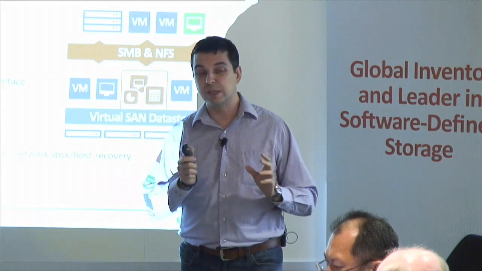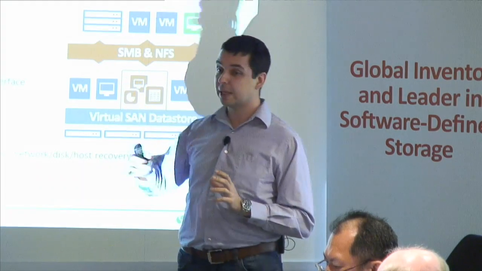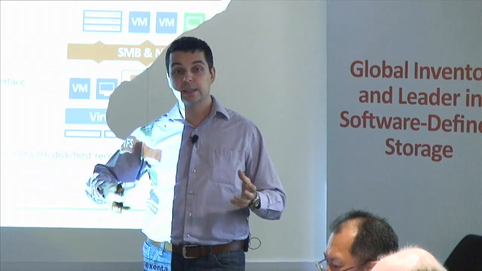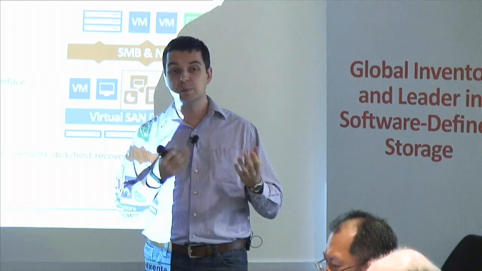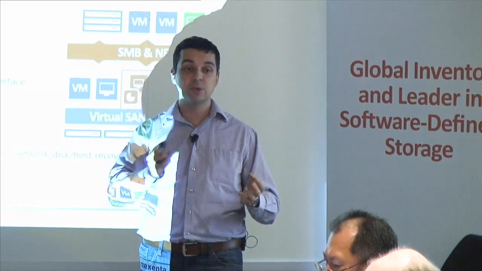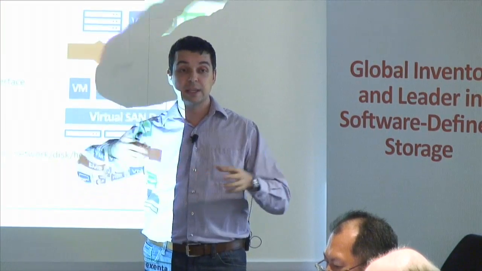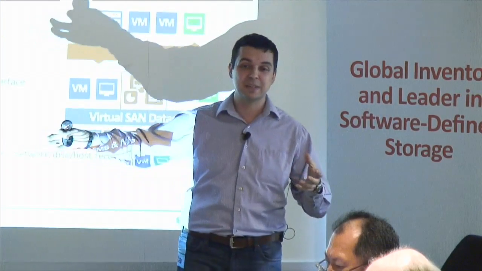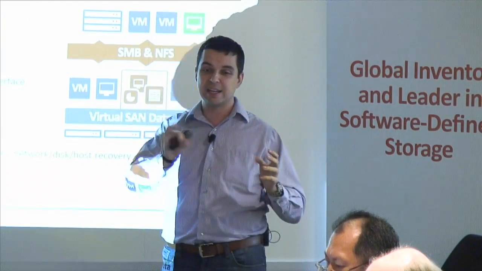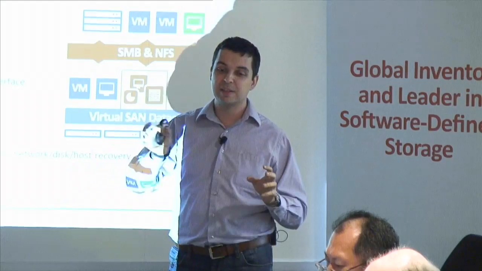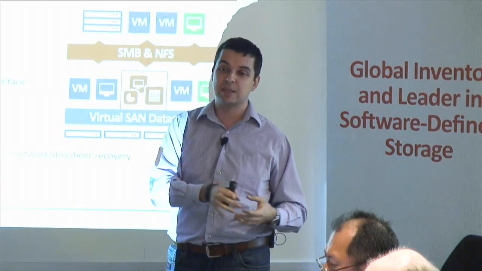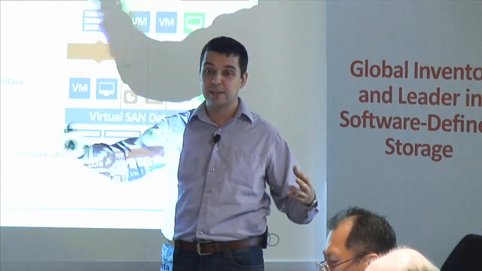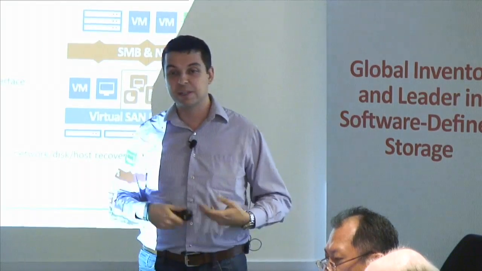What VSAN provides us is scale out. Nexenta Store is a scale up solution. When we have VSAN, you can add an ESXi host, and that space can dynamically be taken by Nexenta Store and presented to the user.